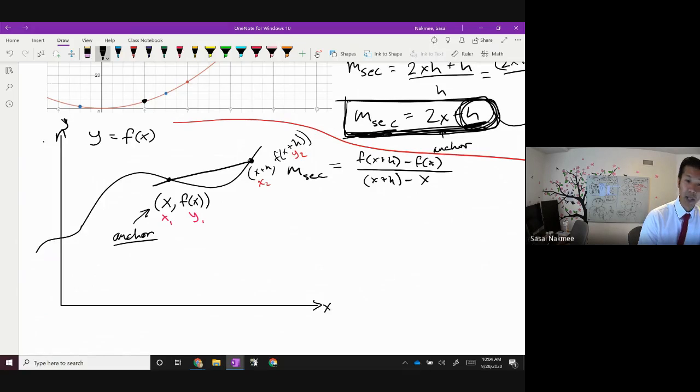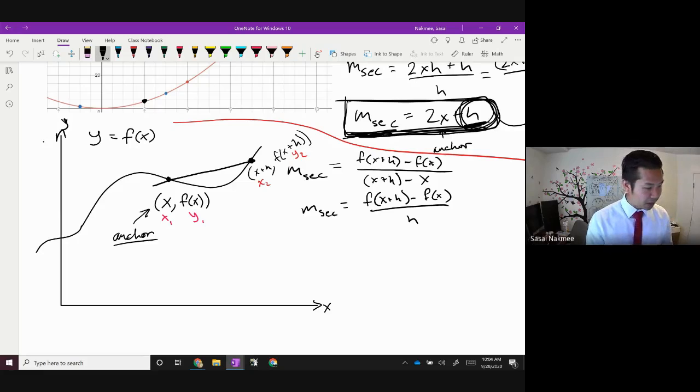That's my x2, that's my x1. So the slope of this secant line is equal to f of x plus h minus f of x, divided by h. That's the slope of the secant line for this arbitrary point to this arbitrary anchor point, okay?